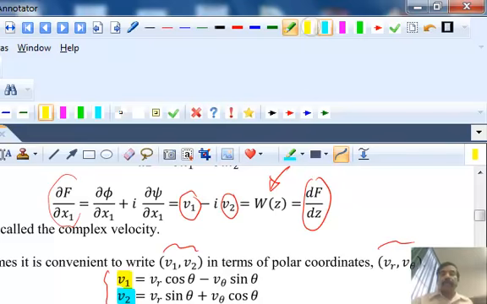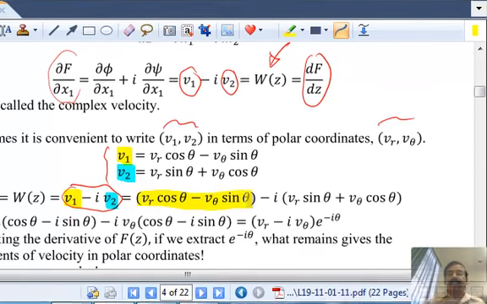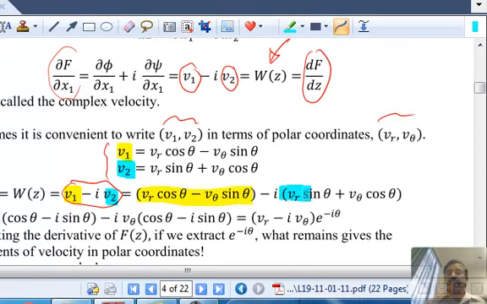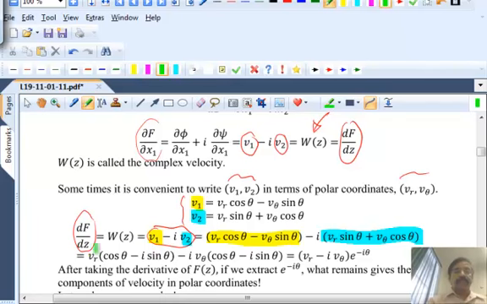Then combine them, taking vr as a common factor from both and v theta as a common factor from both terms, and you'll get cos theta minus i sin theta in both terms, and that is nothing but e to the power minus i theta.